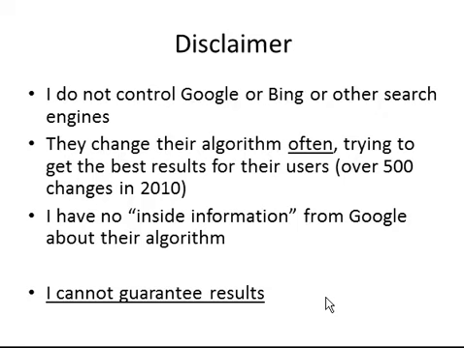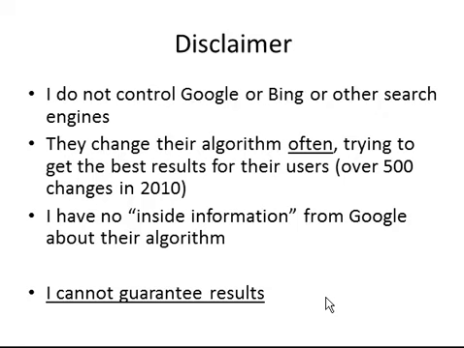While I know a few people who work at Google, I have absolutely no inside information about their plans, algorithms, servers, or anything else. I have seen one document from the internet that claimed to be a quality guide for Google employees. This document revealed nothing new, and I cannot vouch for its authenticity. Look, the bottom line is that I absolutely cannot guarantee any particular result from the information in this course.